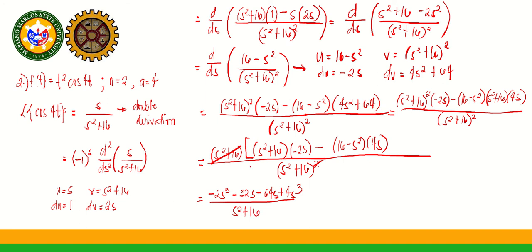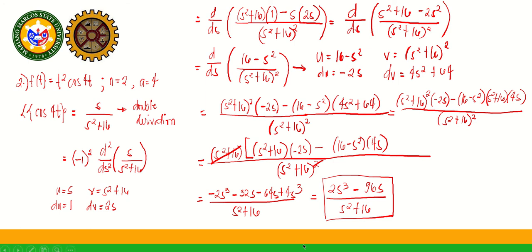So from there, pwede na tayong mag-combine like terms, and that will be our final answer for example number 2. So negative 2s cubed plus 4s cubed is positive 2s cubed, and then negative 32s minus 64s, that will be equal to negative 96s, all over s squared plus 16. So this is our final answer for example number 2 in property number 5, multiplication by power of t.